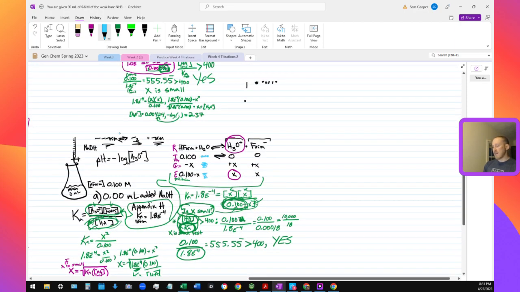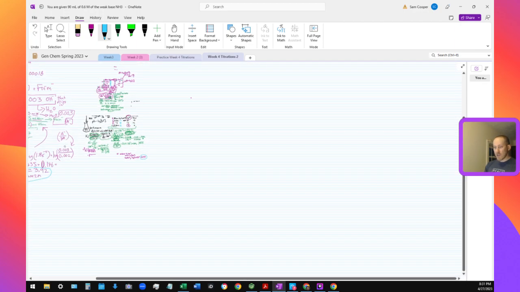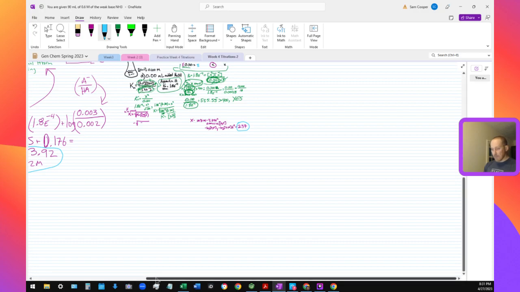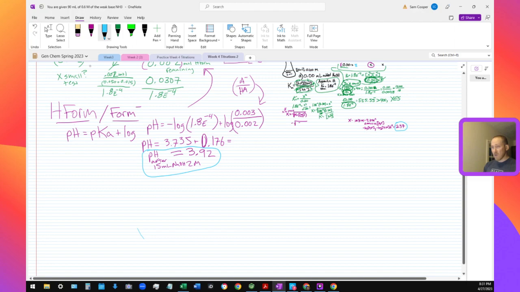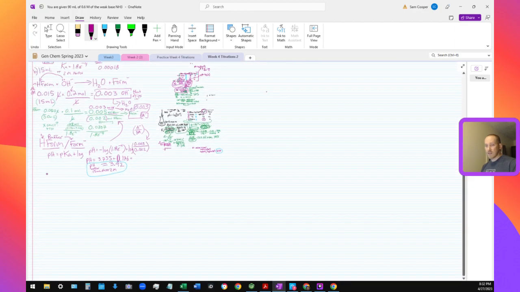And now that we added a fairly good portion of base, our pH has gone up. It's still quite acidic. It's still less than 4. This is still a solution of formic acid, but it's also a buffer with a weak acid and its conjugate base. Still an acidic buffer, but it has become less acidic.